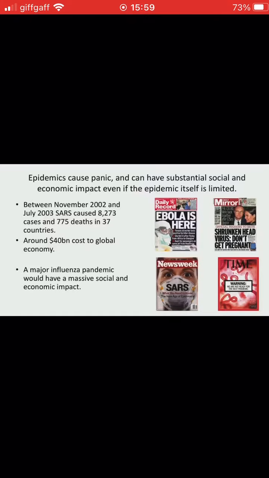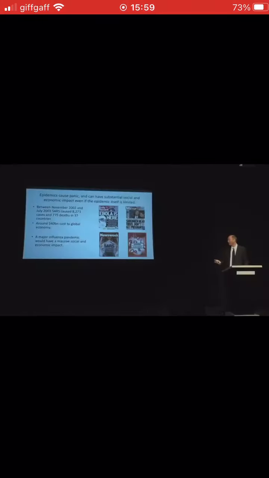This outbreak, which we happen to know the data because the World Bank have looked at it, probably wiped around $40 billion off the world economy because it closed down airlines and led to panic particularly in Southeast Asia and Canada. A massive influenza pandemic would be a lot bigger than that by many factors and would undoubtedly have a really serious societal impact. So these can have a very big impact on society, even if they are medically relatively less important.